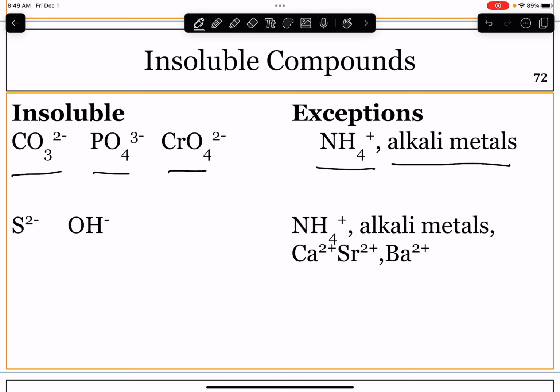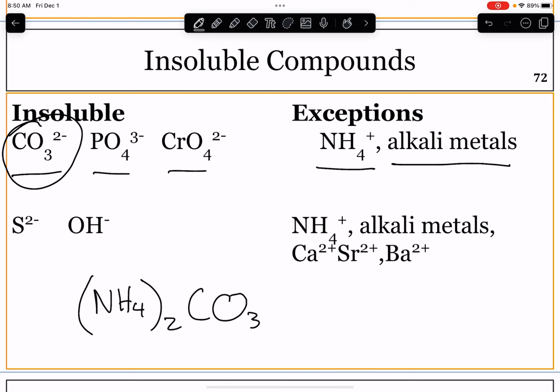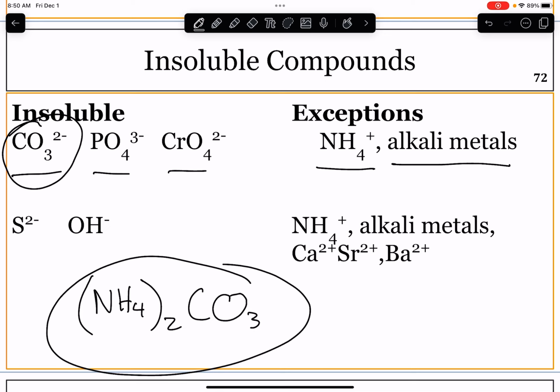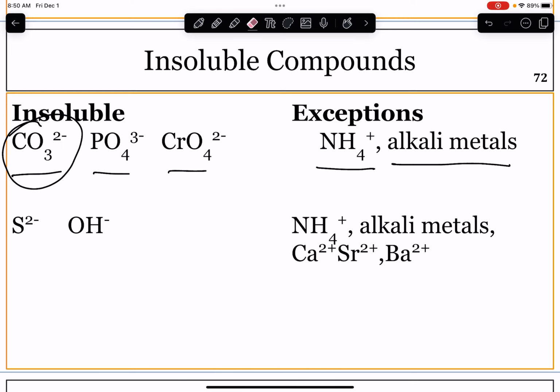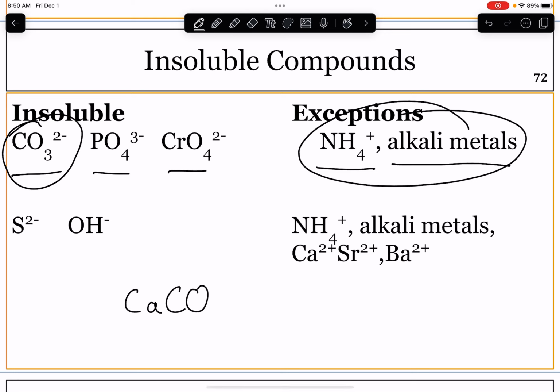So for example, if you had carbonate, the CO3 2-, and it was making a compound with ammonium, then this is an exception to the insoluble rule, and this is in fact aqueous or soluble. But if carbonate was forming a compound with something that's not on this exception list, like calcium, which is in the second column on the periodic table, then this is insoluble, and we would write it as solid.